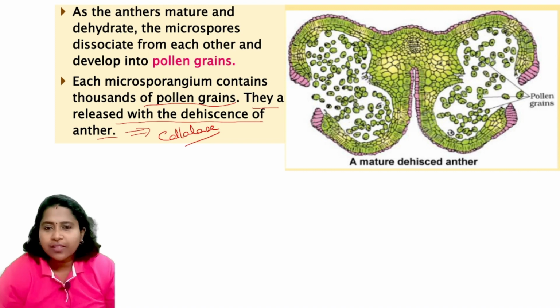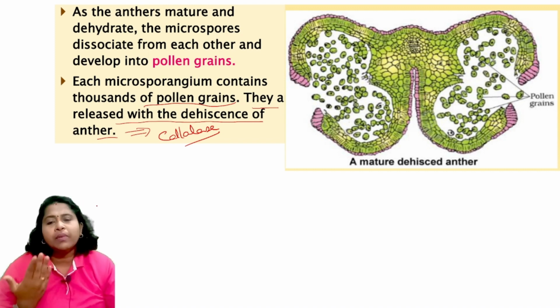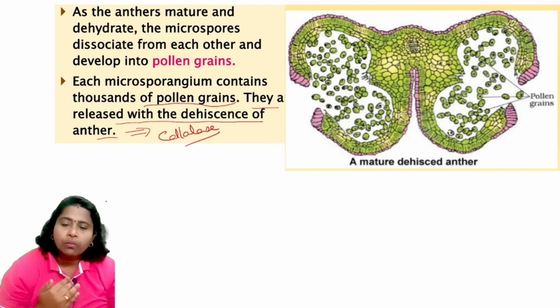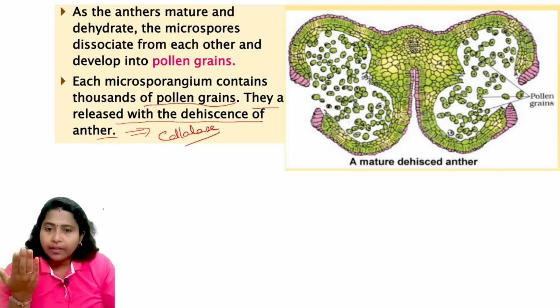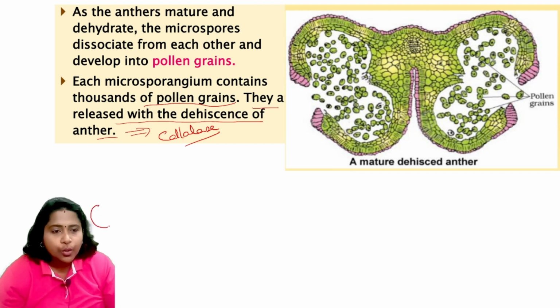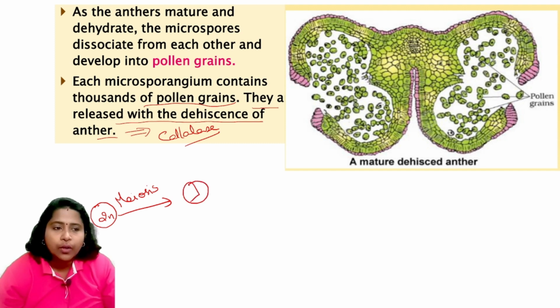So microsporogenesis is the formation of microspores from the microspore mother cell. Where are the microspore mother cells present? Inside the microsporangium, in a diploid condition, and they undergo meiosis. Then it produces 4 cells, a tetrad of cells.